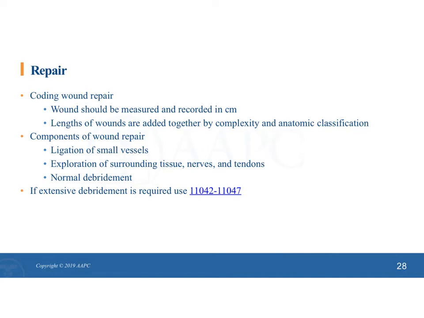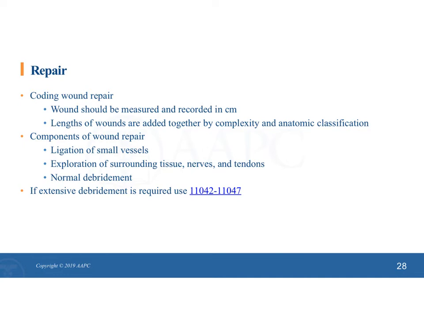There are 3 things that are considered components of wound repair: ligation, exploration, and debridement. Simple ligation of small vessels is considered part of the wound repair, as well as simple exploration of surrounding tissue, nerves, vessels, and tendons.